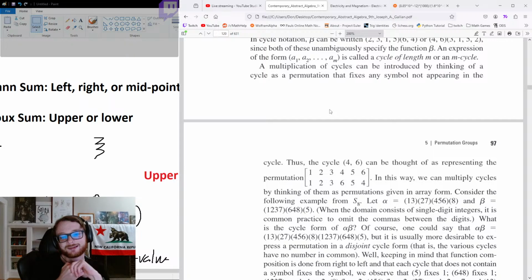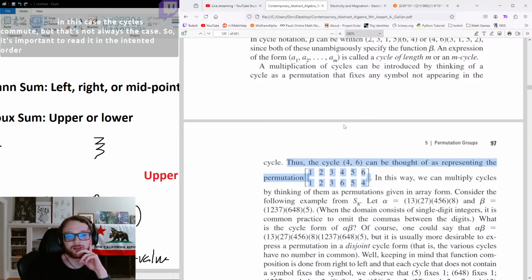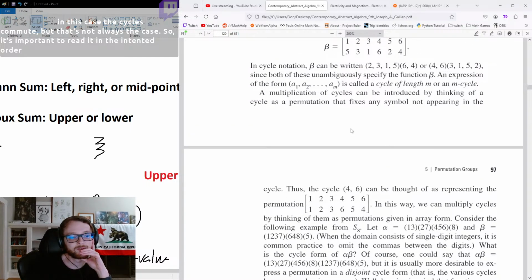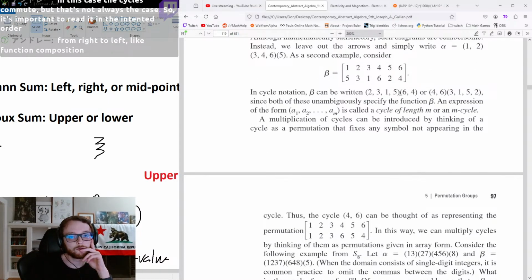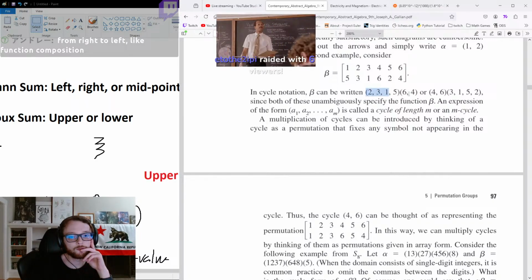The cycle 4, 6 can be thought of as representing the permutation. Oh, okay. Now that I've seen this, I know what this means. In this case, cycles commute, but it's not always the case. So there's situations where it's not necessarily the same to do these.